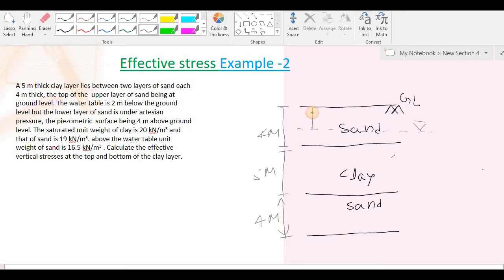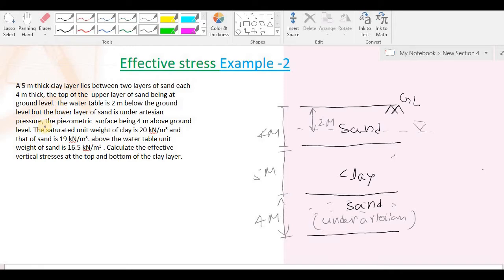The water table is 2 meters from the ground level, and the sand layer is under artesian pressure. It means that this is a confined aquifer. There is a confined aquifer in the sand layer.